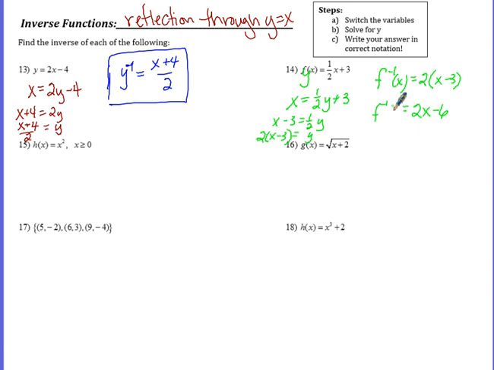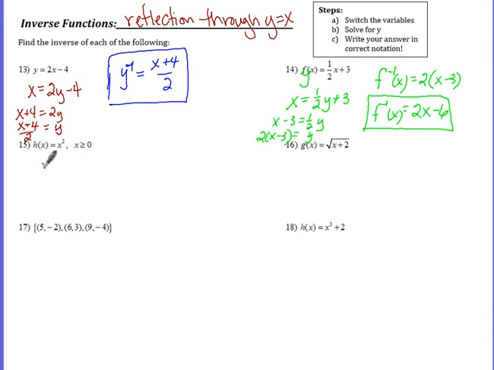F to the negative 1 of x, the inverse of f of x, is 2x minus 6. The replacement of f of x with y is really just to simplify the swapping of the x and y step. When you go back and do your step C, that's when this function notation comes back into play. The same thing will happen for 15.